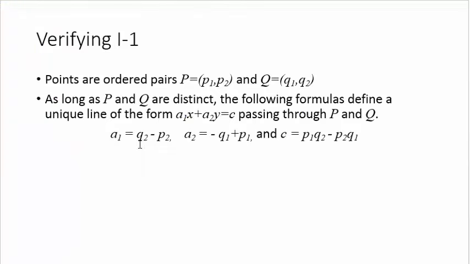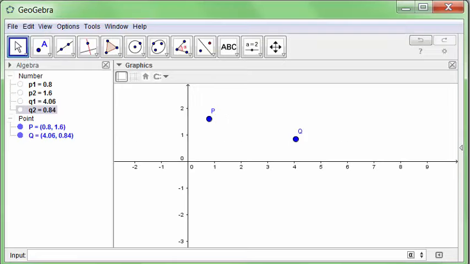Now I need to define the parameters A1, A2, and C using our formulas. So A1 is Q2 minus P2, A2 is minus Q1 plus P1, and C was given by a kind of determinant expression using the P's and Q's. So let's plug that in. A1 is going to equal Q2 minus P2.